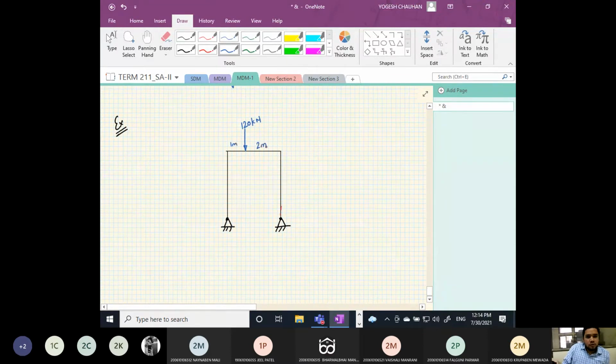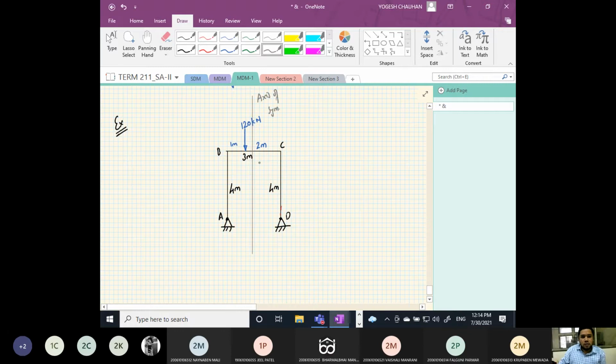This is 1 meter, this is 2 meter, this is A, B, C, D, this is 4 meter, this is 4 meter, this is 3 meter, and let this be the axis of symmetry.